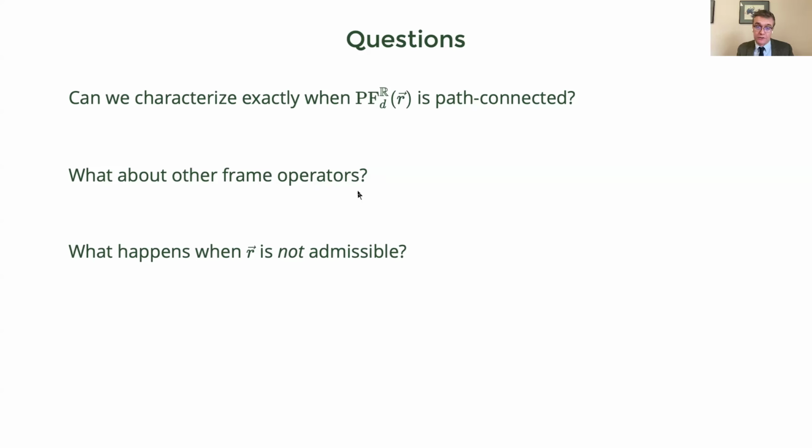Also, a really interesting question is what happens when you can't flow to a Parseval frame: you've chosen your frame norms, but there is no Parseval frame with those norms. Where do you go? Sometimes it seems like you flow to something that is still in some sense as good as you could do, and sometimes things seem to be crazy. We weren't able to even formulate a conjecture about what happens in that setting.